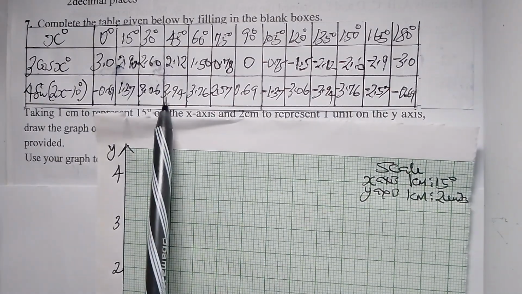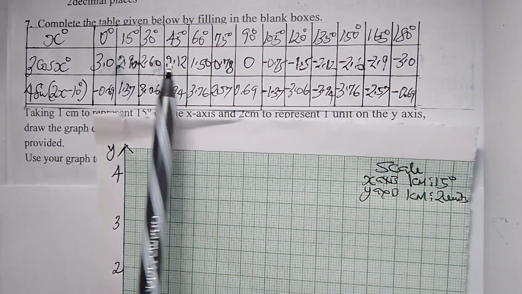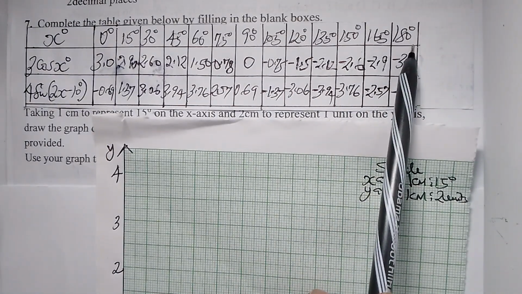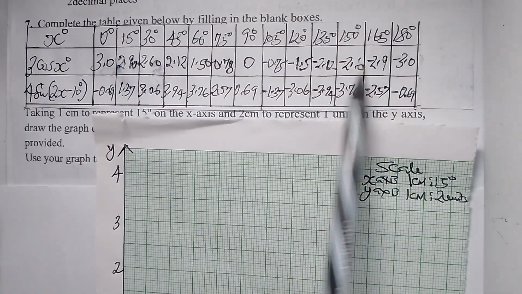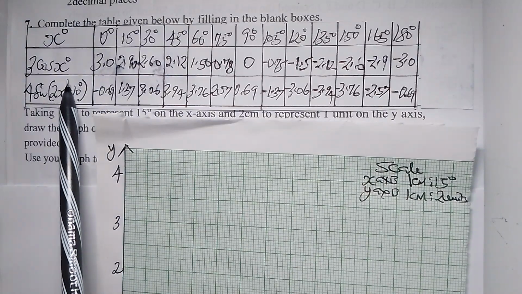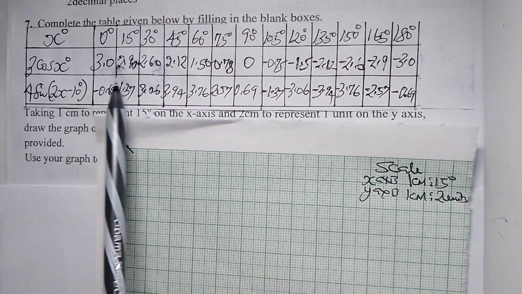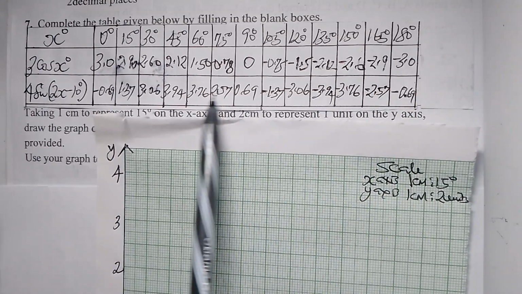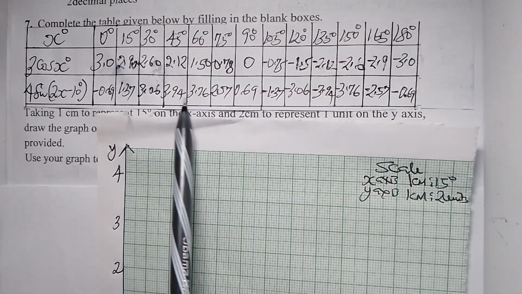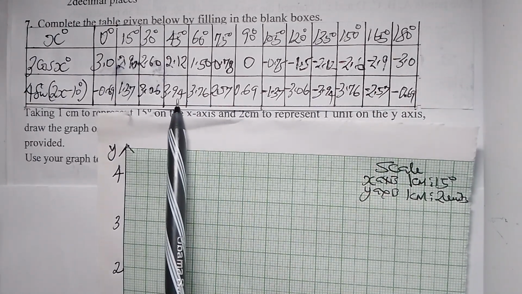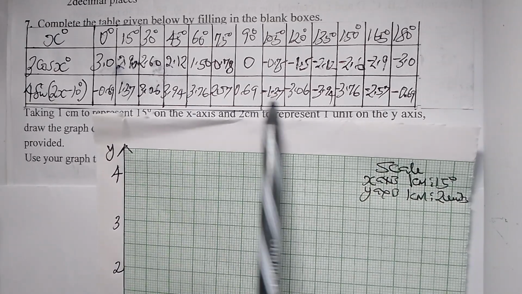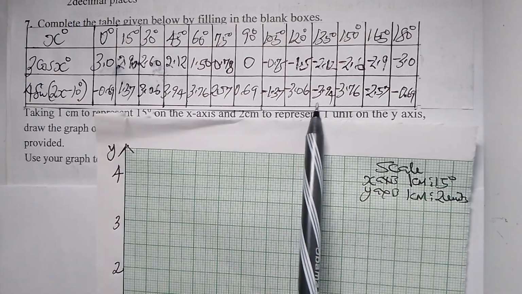Consider the values given in the table. On the x-axis, 0 up to 180 is the greatest value. On the y-axis, for the other functions, the greatest value is close to positive 4, and the minimum value is close to negative 4.